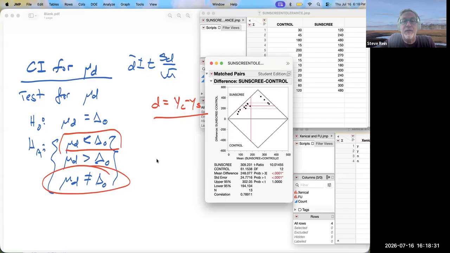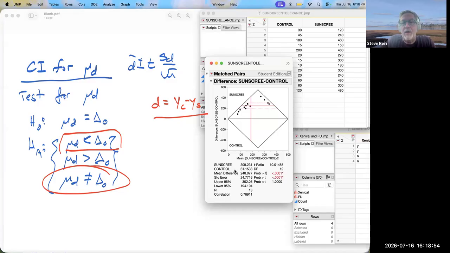My alternative hypothesis is that mu d is non-zero. That is our p-value for there being an impact. And our answer would be, because the p-value is small, yes, there is an effect of sunscreen. Sunscreen results in a different average amount of time in the sun.